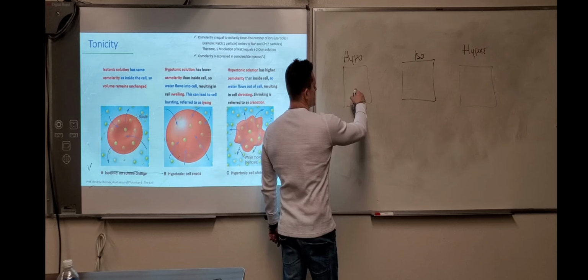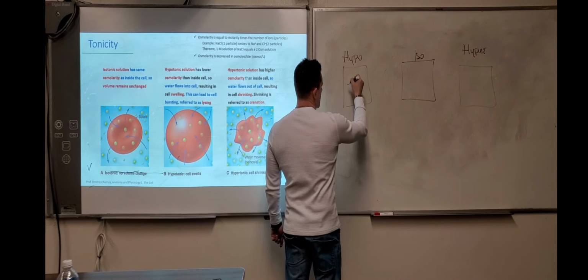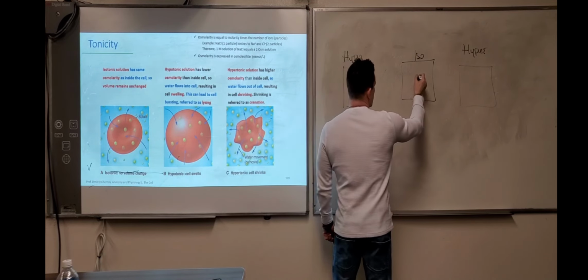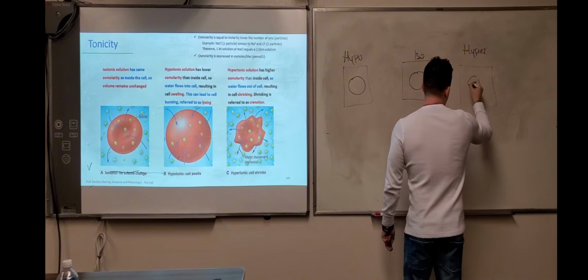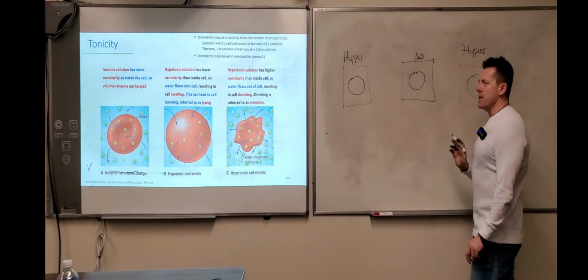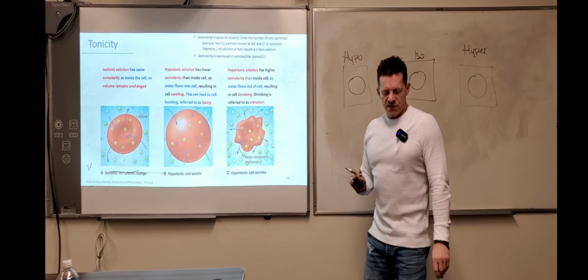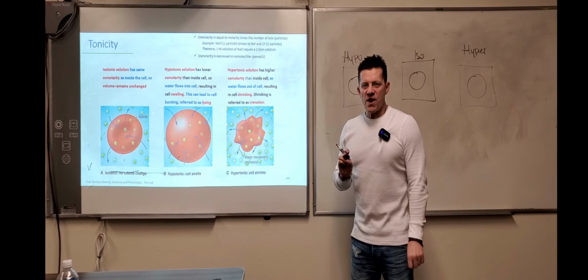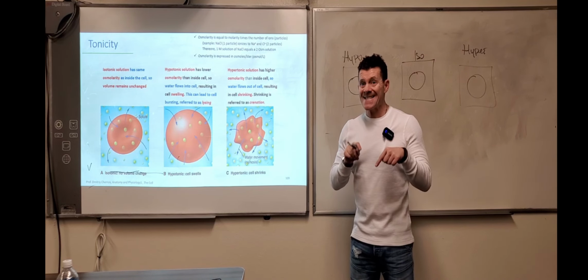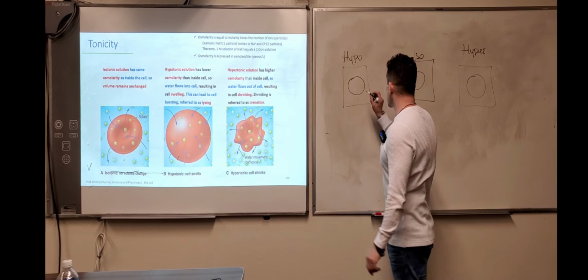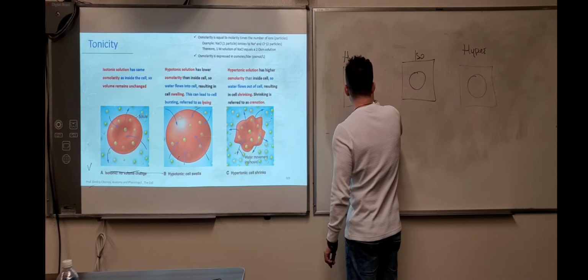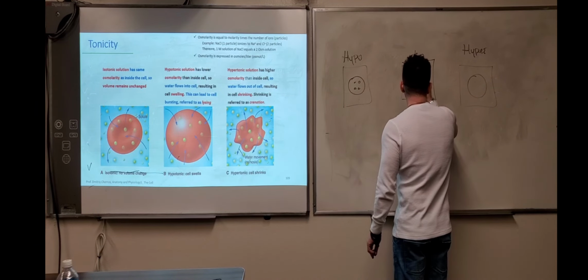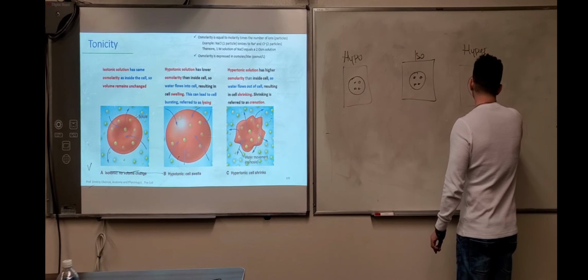Here is your solution. Here's the cell. Here's the cell. And here's the cell. Let's say, for the sake of this example, concentration of solutes in the cell never changes. 1, 2, 3, 4.